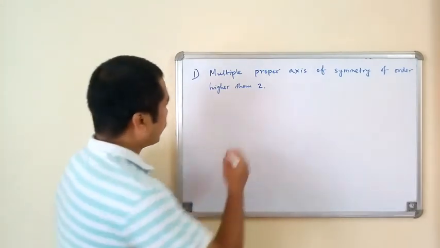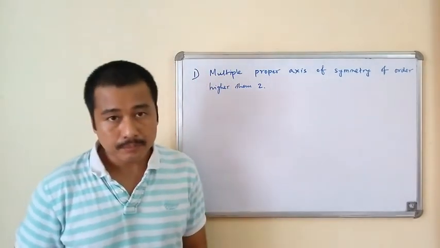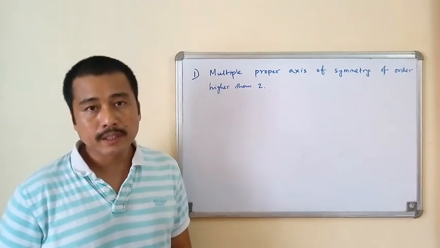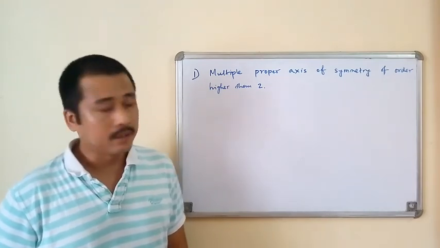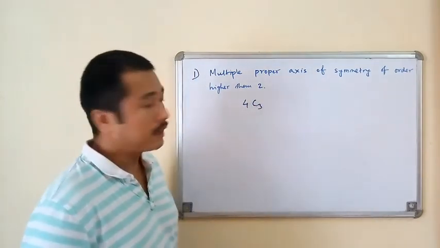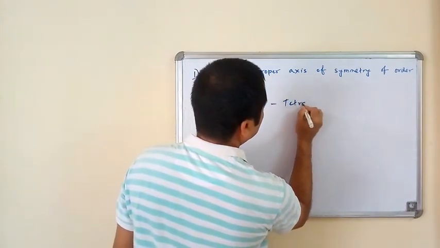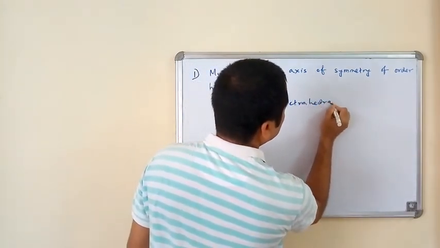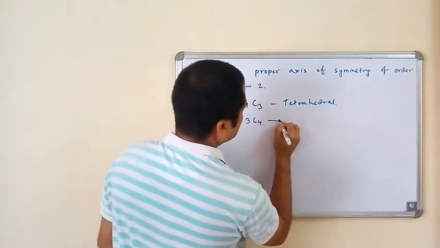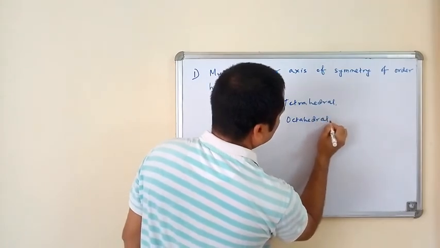And examples of such molecules we have already seen. So for example, in tetrahedral molecules we have seen that there are 4 C3 axes of symmetry. Similarly, we have seen that there are 3 C4 axes of symmetry in octahedral molecules.